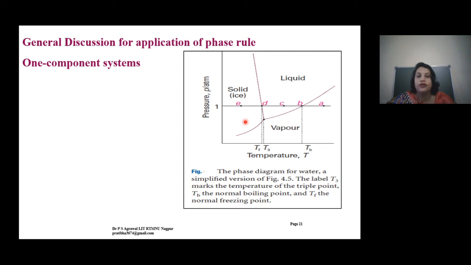So like this, we have to define the system. Now, if we want to lower the temperature, we will go from one phase region to a second phase region, from liquid to vapor, solid. It depends on where we are considering the system.